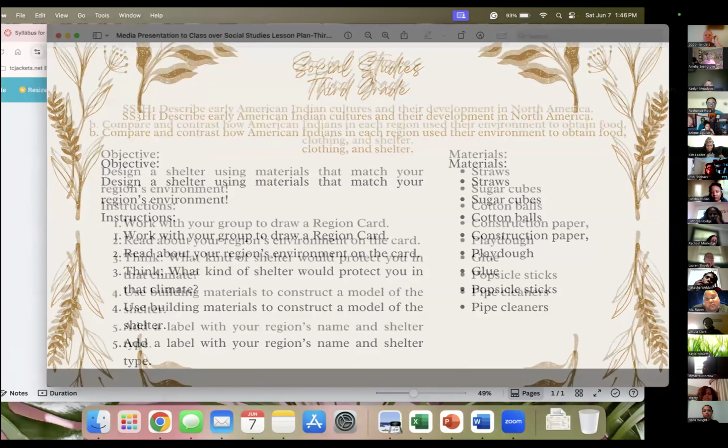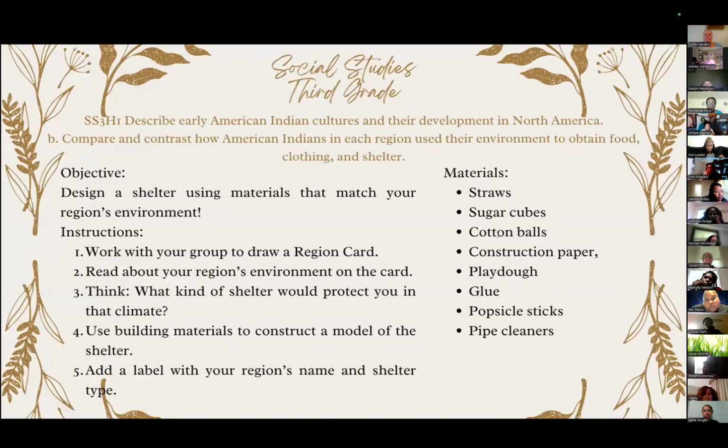Okay, so my standard is SS3H1. It's a third grade standard. Describing early American Indian culture and their development in North America, and compare and contrast how American Indians in each region use their environment to obtain food, clothing, and shelter. So we will do kind of a design your own shelter. The class will be split into small groups, and then they'll be given a region.